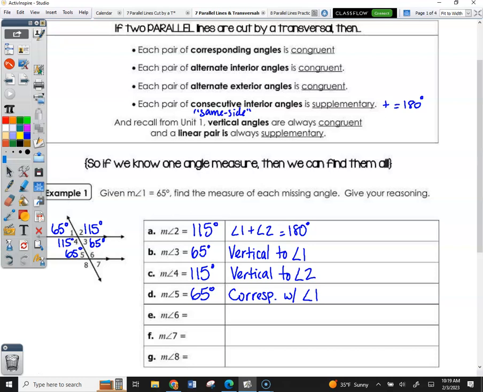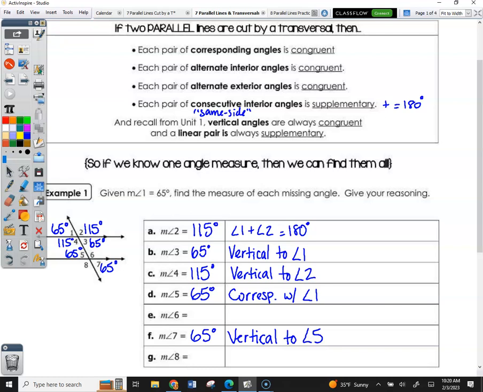Now that I know angle 5, I can fill in angle 6, 8, and 7 in the same manner that I filled in the one at the top. So angle 5 is, listen to the vocab word, vertical to angle 7, right? So 7 has to be 65 because it's vertical to angle 5.